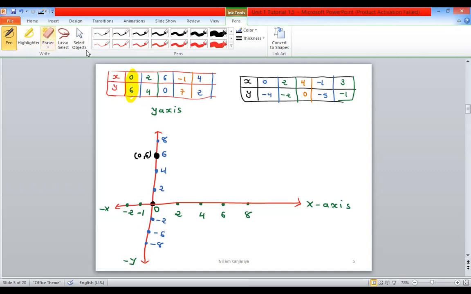Second point, it is 2, 4. X is 2, y 4. This is x 2 and y 4. So exactly here you got the 2, 4 point.